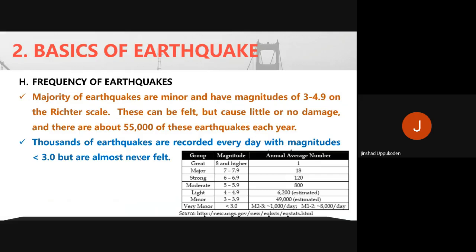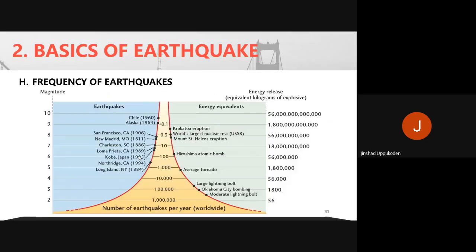Most of the earthquakes are very small, and hence we will never feel them. If it is less than 3, we will never feel it. Only very well tuned seismic instruments will be able to capture those values properly. This is the frequency.